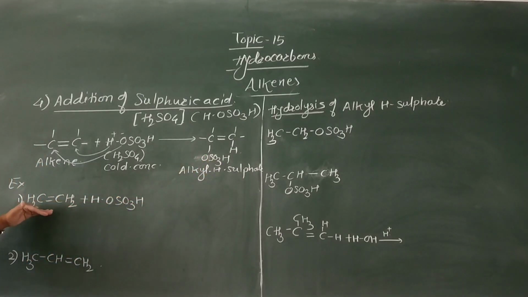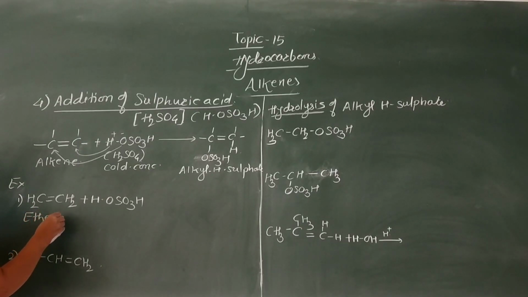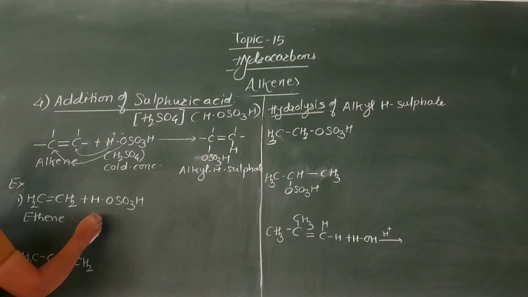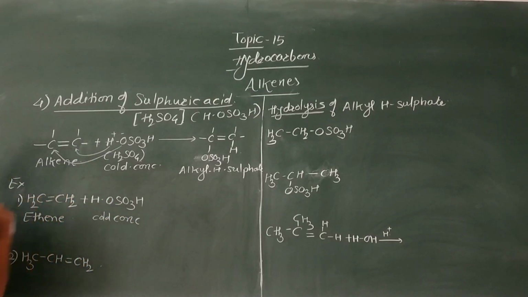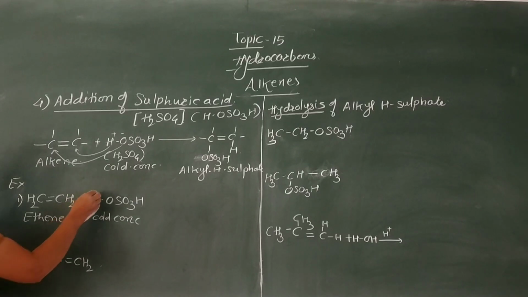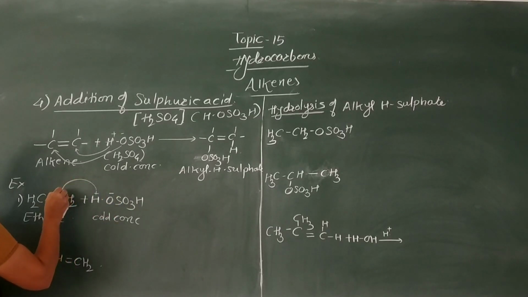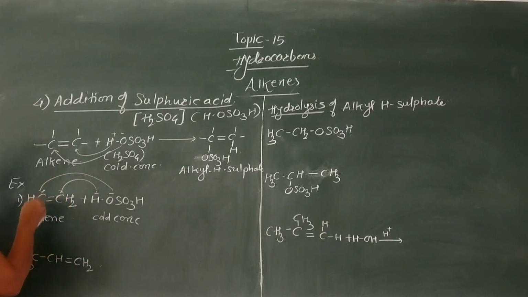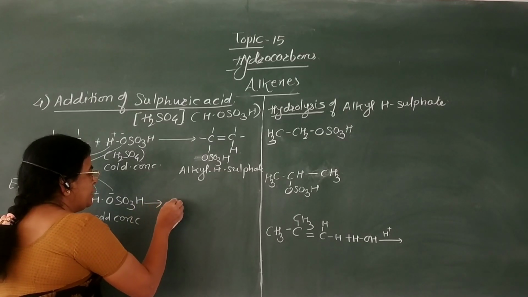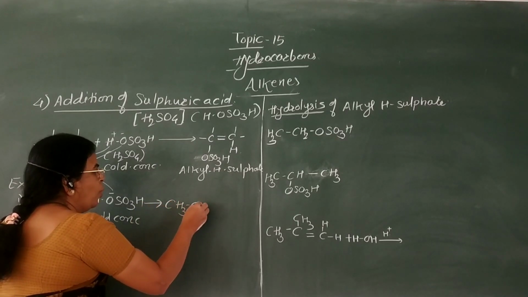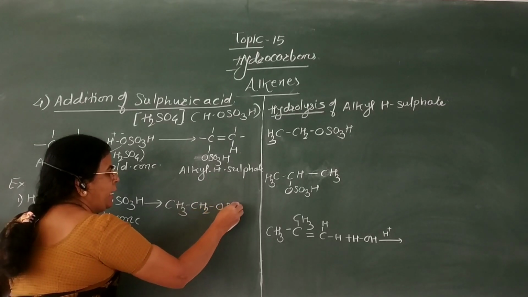Now we are going to see an example. This is ethene molecule, CH2 double bond CH2. When addition of cold and concentrated H2SO4 is carried out across this double bond of alkene, then addition of HOSO3H takes place across the double bond of this ethene molecule to form only one product, that is CH3CH2OSO3H.